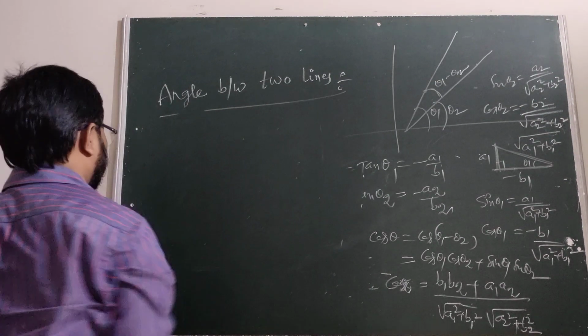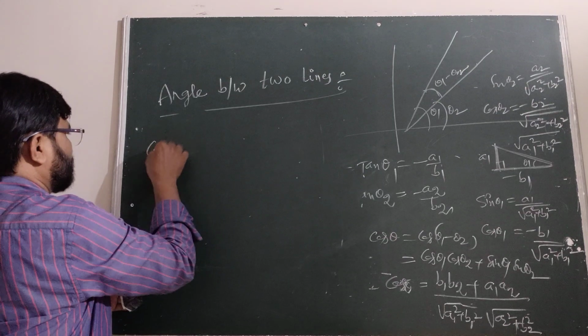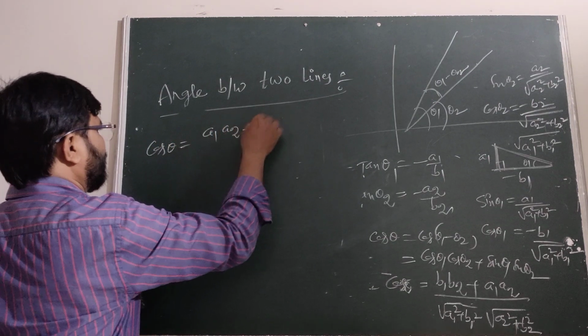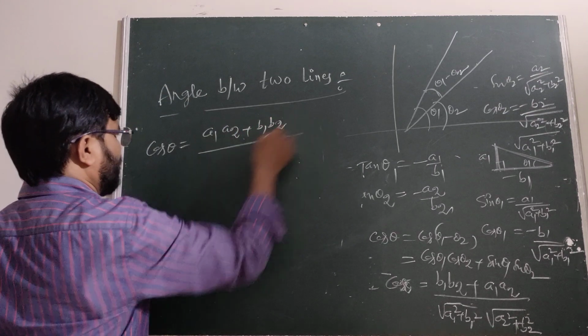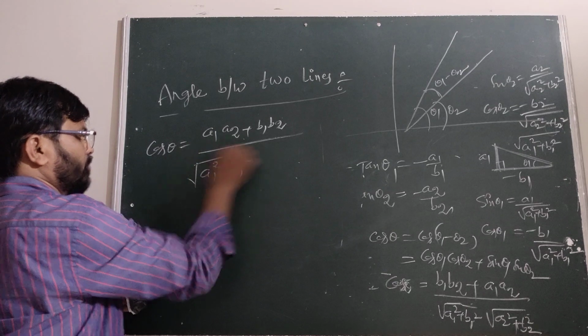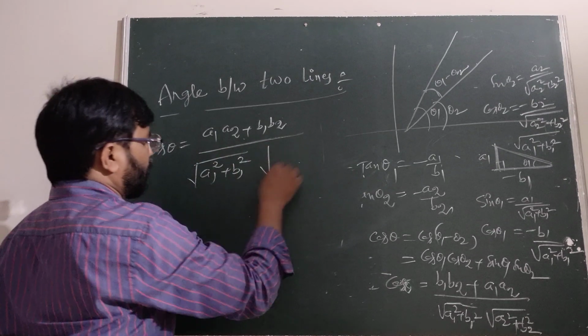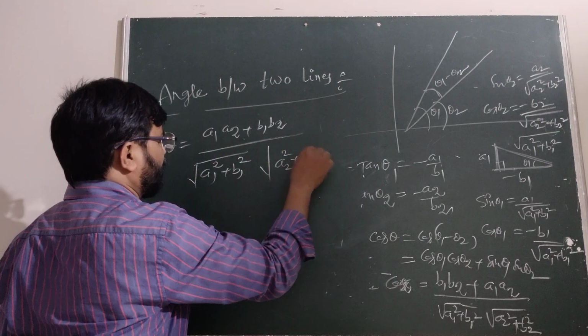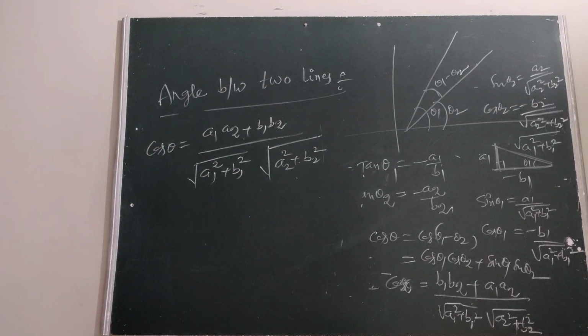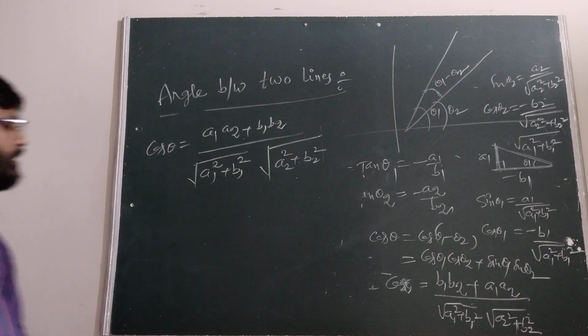Cos theta we got here is a1 a2 plus b1 b2 upon root of a1 square plus b1 square into root of a2 square plus b2 square. Suppose we are taking a tan theta.